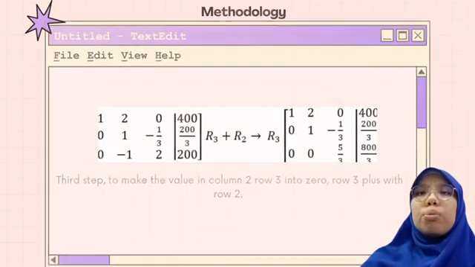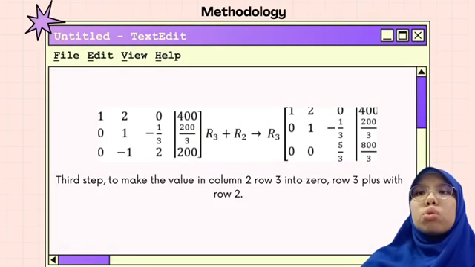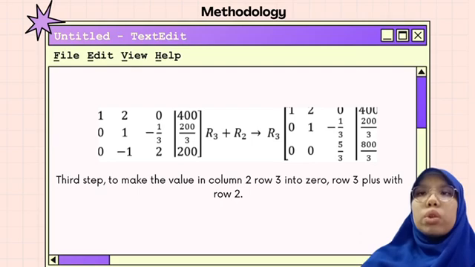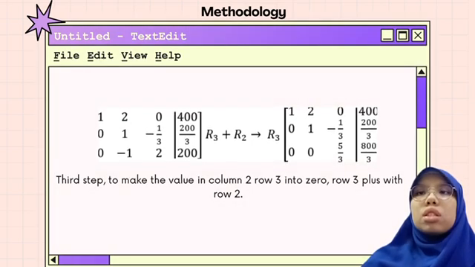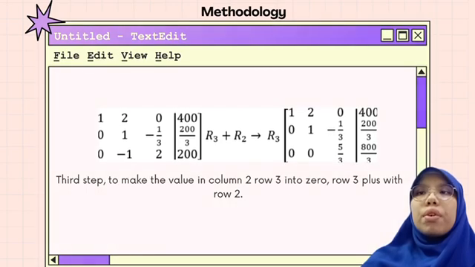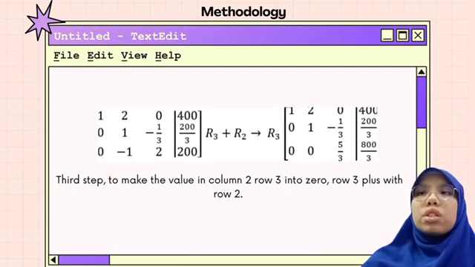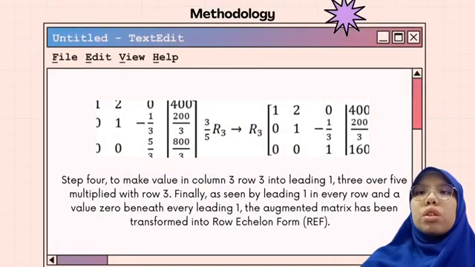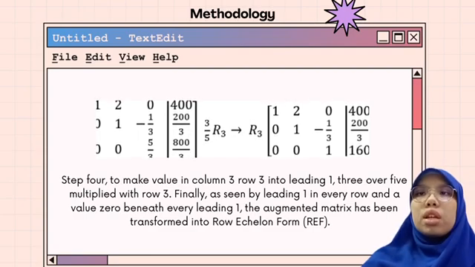Third step, to make the value in column 2, row 3 into 0: row 3 plus row 2. The result is 0, 0, 5 over 3, 800 over 3. Step 4, to make the value in column 3, row 3 into a leading 1: 3 over 5 multiplied by row 3.